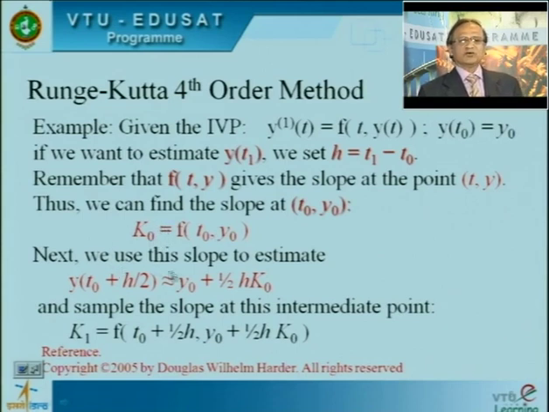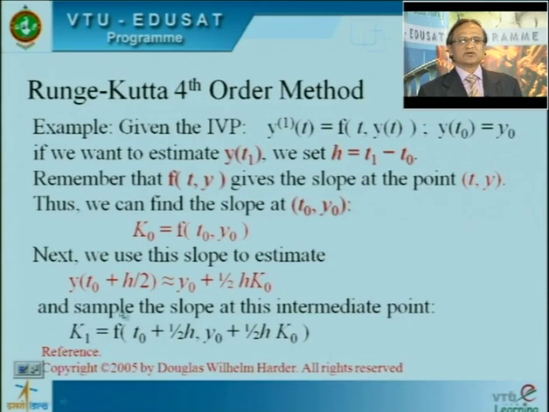Okay. So, we use this slope to estimate y of t naught plus h by 2. You will get a new position. You know the value of y naught plus h by 2 k naught. K naught is also known. So, when we substitute these two values, you can obtain this value and sample the slope at this intermediate point.